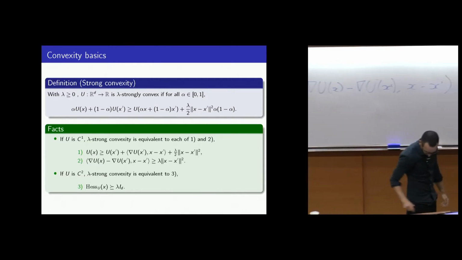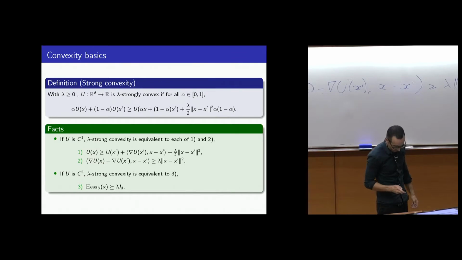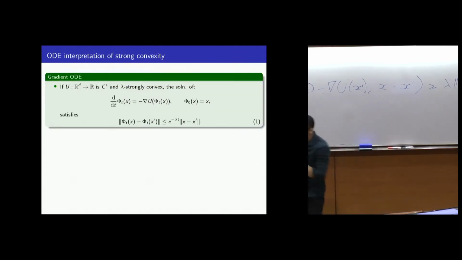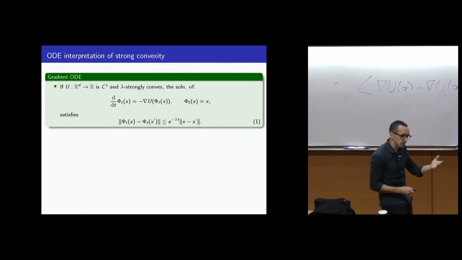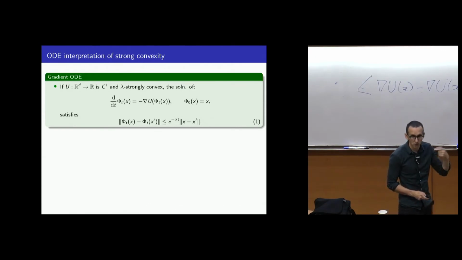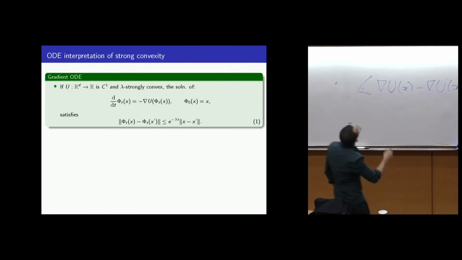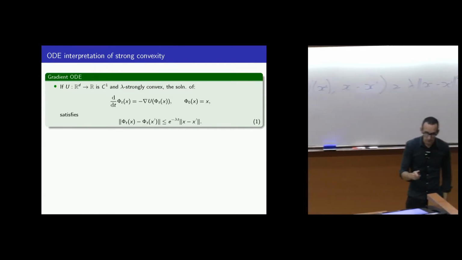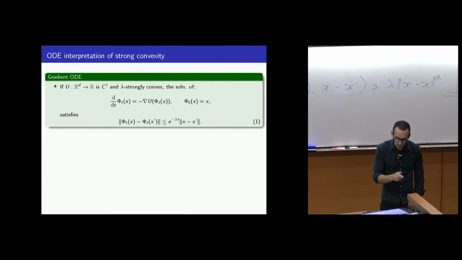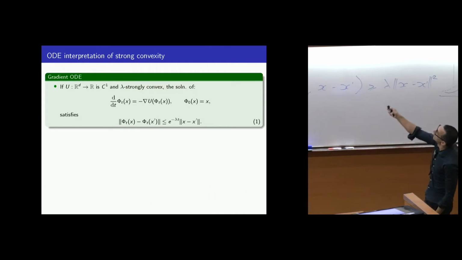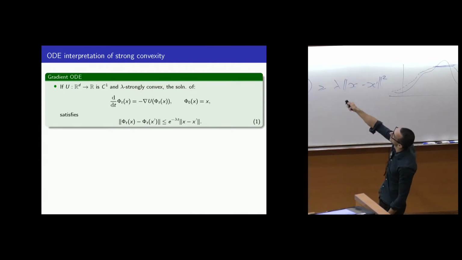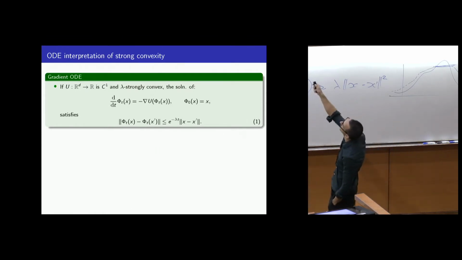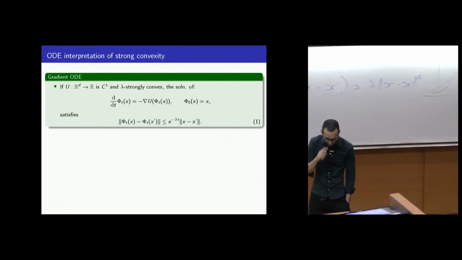Okay, so what's next? There's another interpretation of that convexity condition in terms of an ODE which follows the gradient of U. If U is C1 and strongly convex with a particular lambda, well, the flow associated with the ODE is contracting at a rate given by lambda, for any x and x dash, so globally contracting.